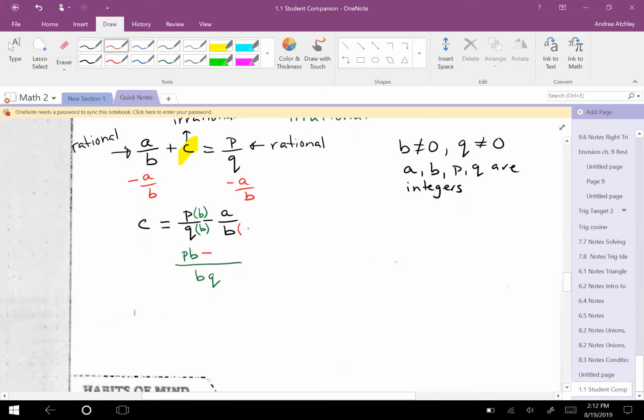So I need to multiply the B by Q here. A times Q is AQ. Sorry, that's very hard to read.